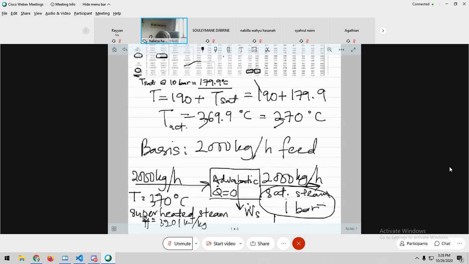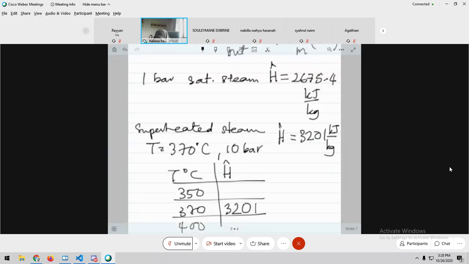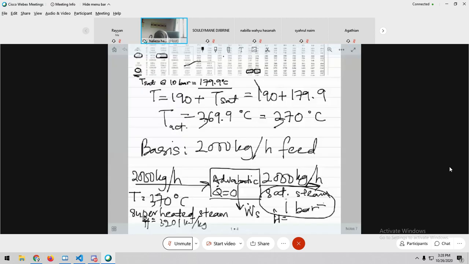Over here, my specific enthalpy is 2675 kilojoules per kilogram. So we have the enthalpy already. Well, guys, what's next? You already managed to get the enthalpy. What's next?